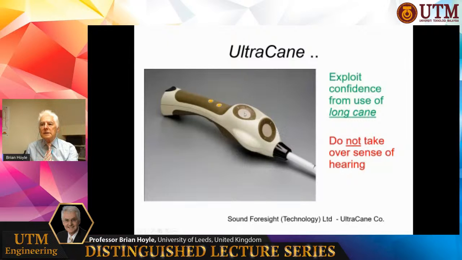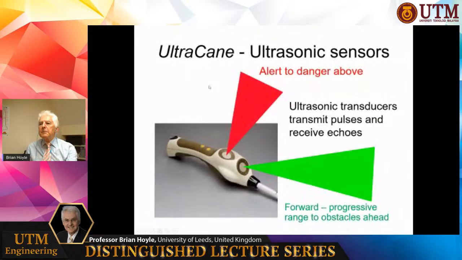And this one will be pointing upwards ahead of you. So that one is pointing forwards, that one is pointing up. So this one alerts people to danger above, which is really dangerous for blind people. If they're using a stick and there's a ladder across the street or something, or a truck wing mirror, they will bump into that because they don't find it with a stick. So that's how the Ultracane works in principle.